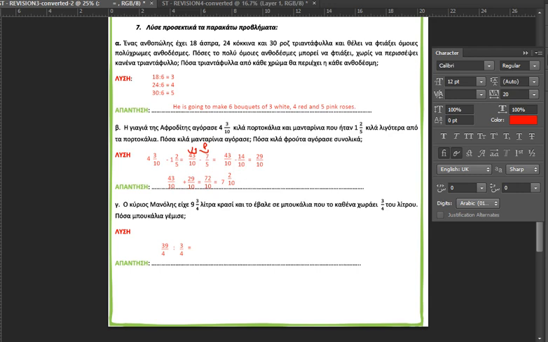Whatever is on the bottom, we put it on top, and whatever's on top, we put it on the bottom. So 3/4 is going to become 4/3. And also, division symbol becomes multiplication. So 39/4 times 4/3.